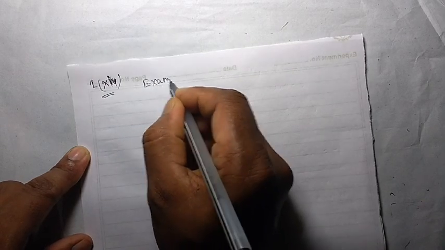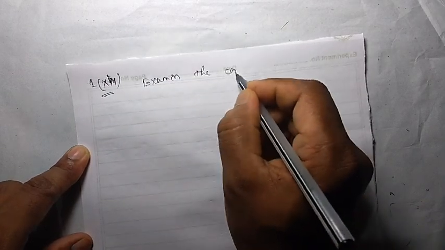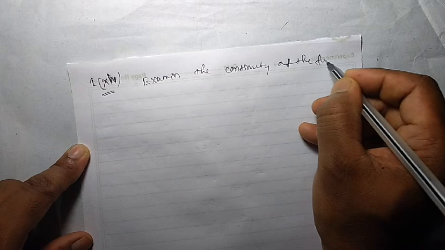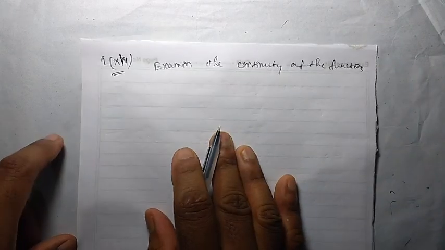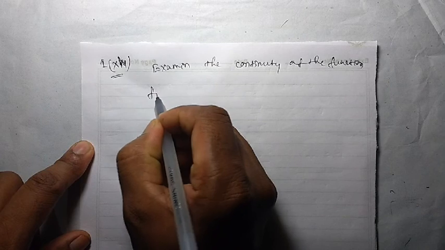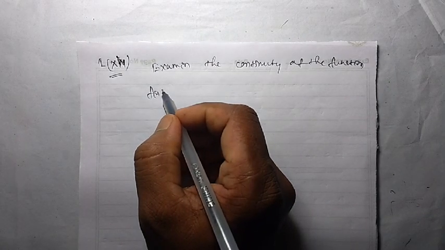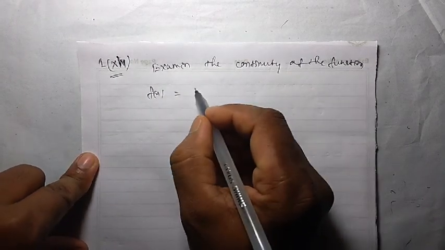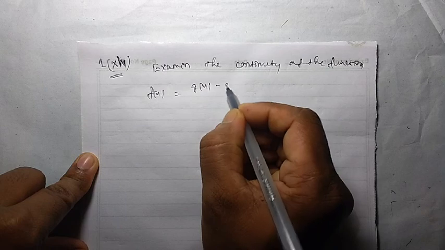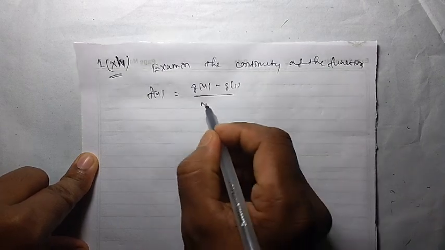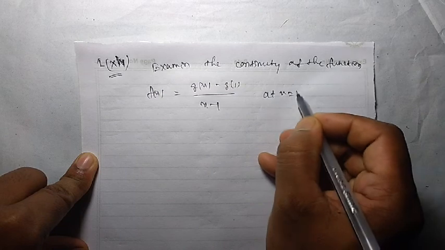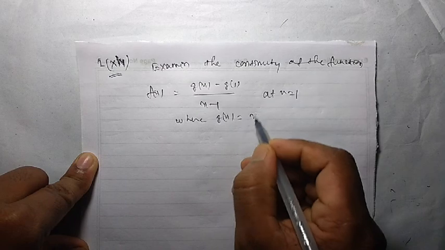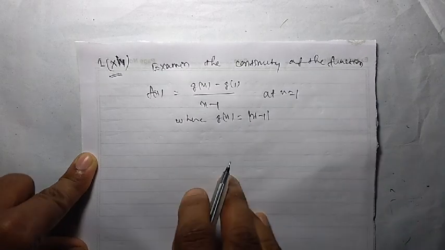Examine the continuity of the function f of x is equal to g of x minus g of 1 divided by x minus 1 at x is equal to 1, where g of x is equal to mod of x minus 1.